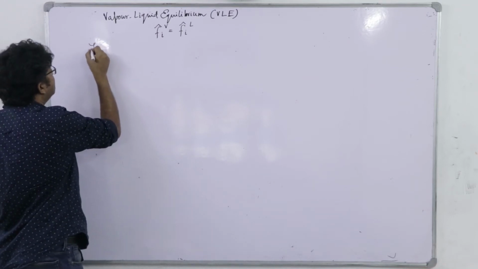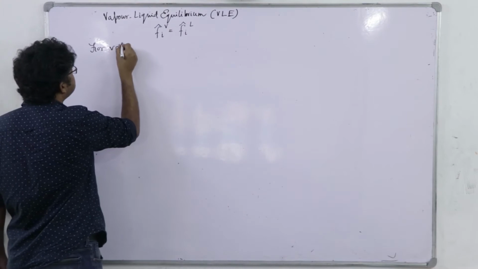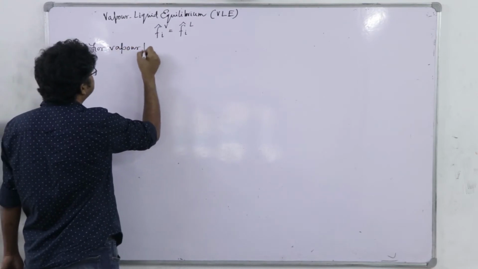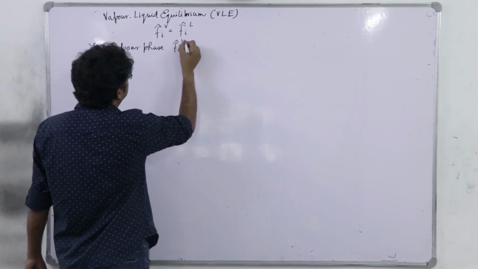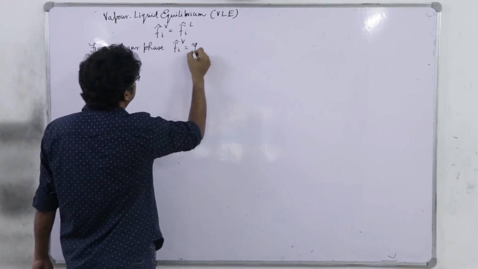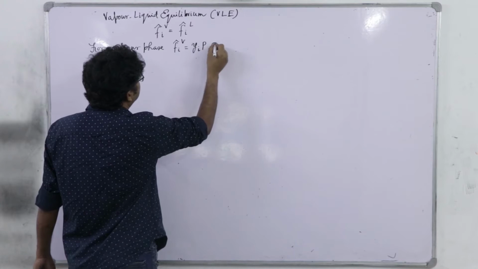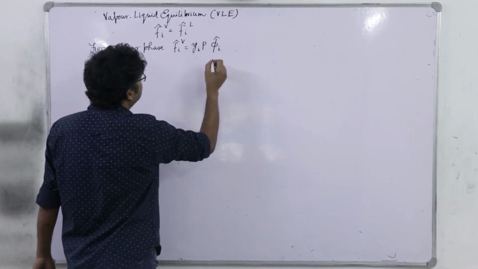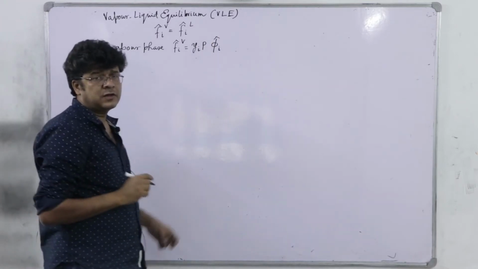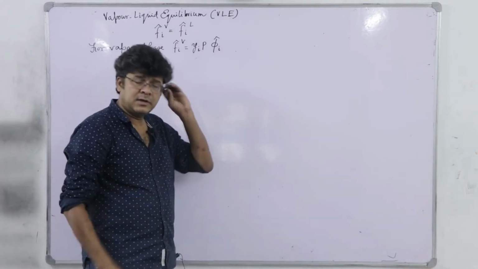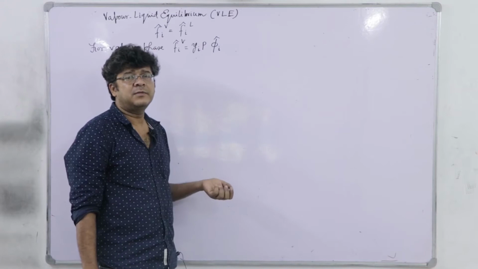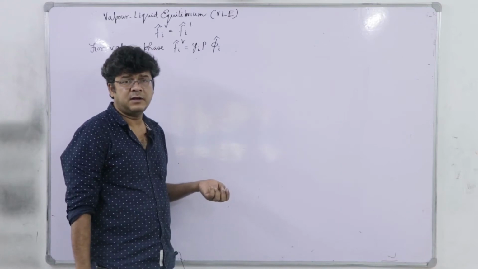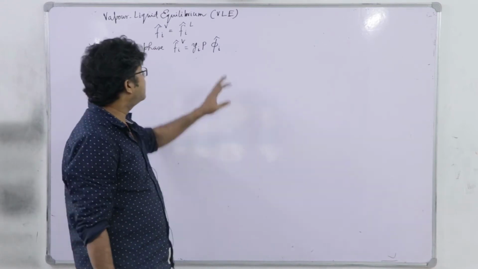So for the vapor phase, Fi cap V is equal to Yi into P into phi i cap. You know how to solve for this phi i cap using at least the virial equation, and from there the mixing rule of the second virial coefficient, we have discussed it, right.